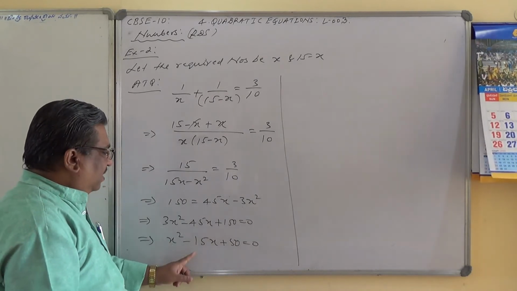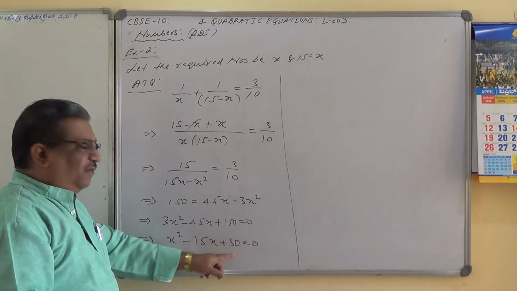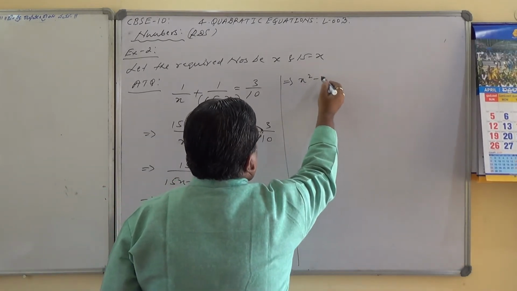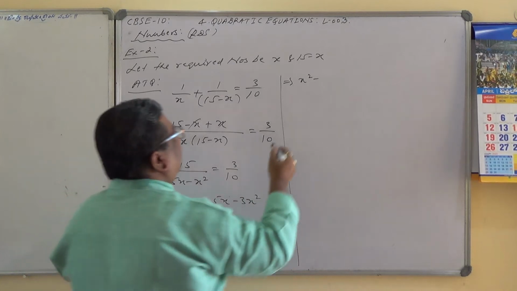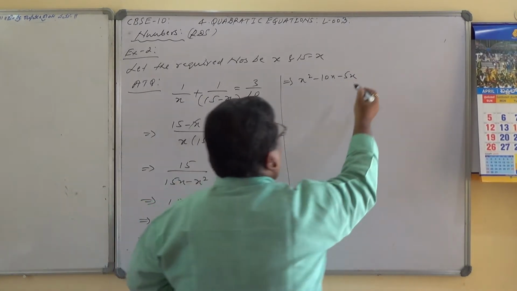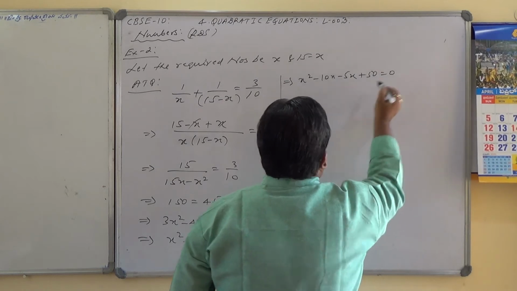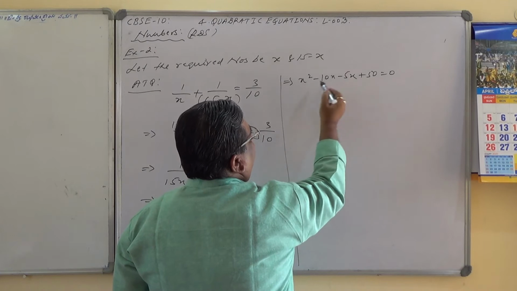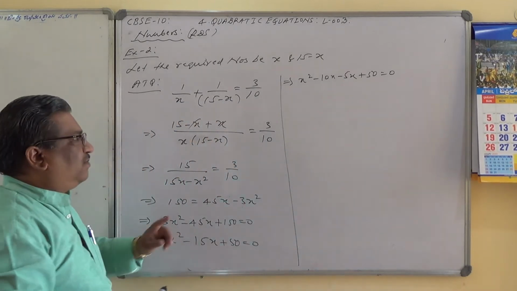Minus 10 minus 5, which is equal to 50. So I can easily solve this one, which implies x square minus 10x minus 5x plus 50 equals 0. It is correct now. Minus 10 into minus 5 is 50, and minus 10 minus 5 is minus 15.